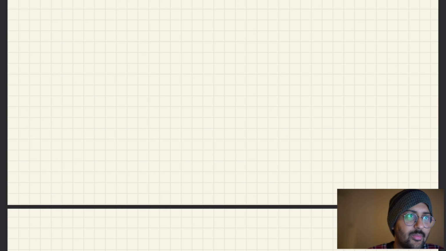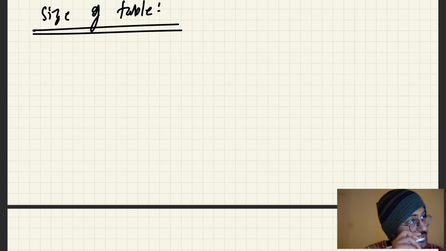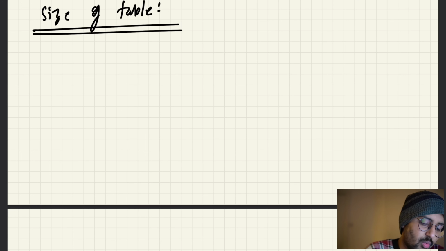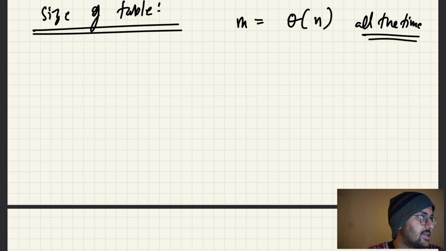So how do you make sure what the size of the array is, how large the table should be? You want the size of the table to be theta of n all the time. Okay, again, theta we've covered in space and time complexity.